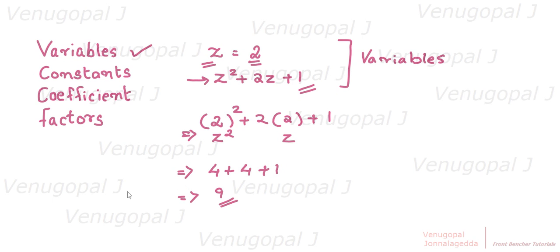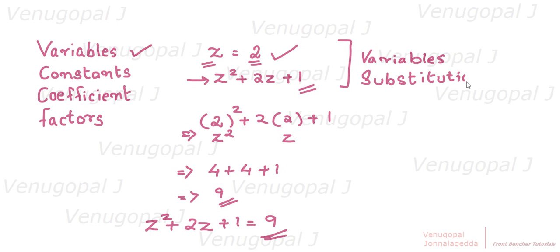So the value of z square plus 2z plus 1 is equal to 9 if z is equal to 2. Understood? We are using variables and something called substitution. You substitute a variable's value in an equation to get its value out. A very important concept to remember in fundamentals of mathematics.